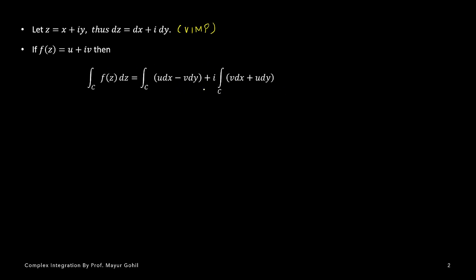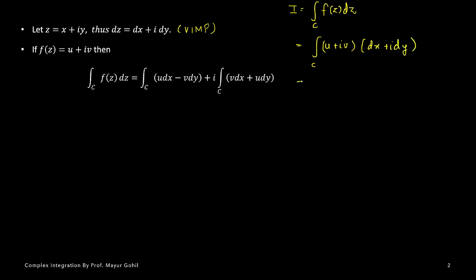It's very straightforward to derive this formula. Let us see it quickly. If you have I equal to integral over a curve C, f of z dz, you substitute the value for f of z and dz over here. So on substitution you get u plus iv, and for dz you will get dx plus i dy.